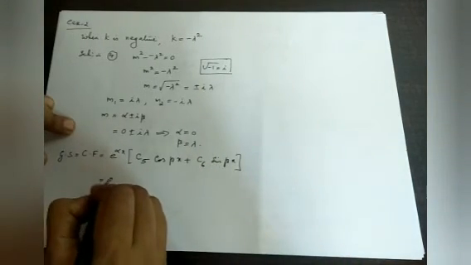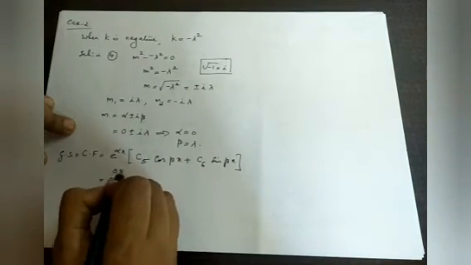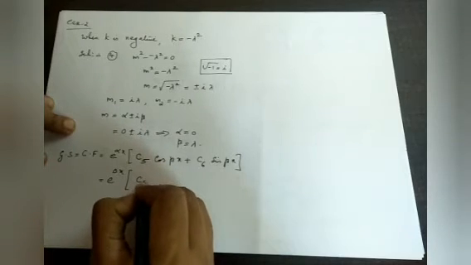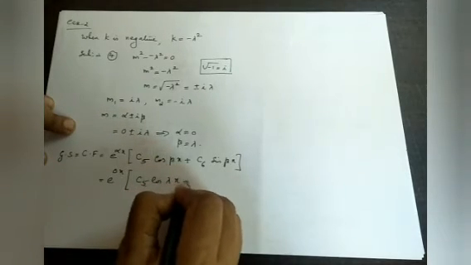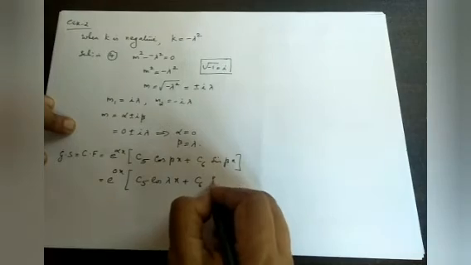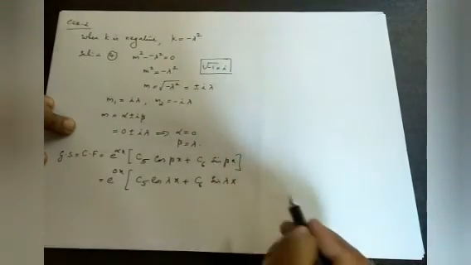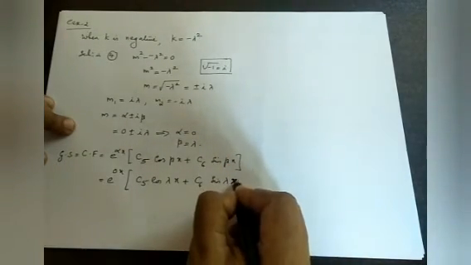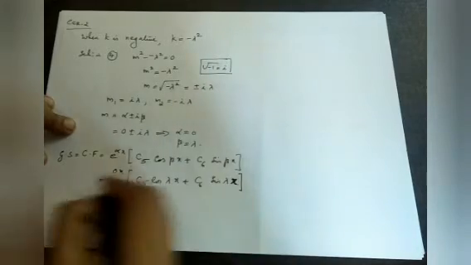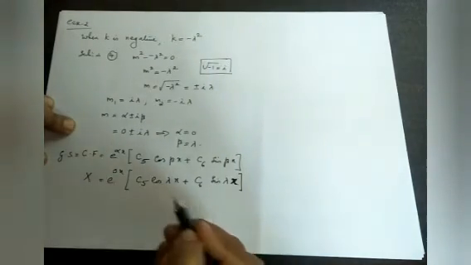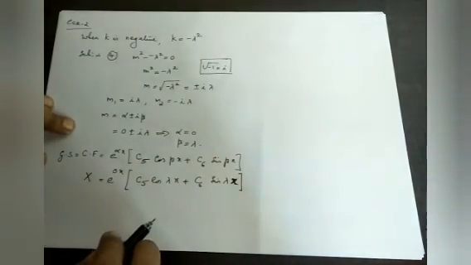Here in the place of alpha we can put 0, therefore e raised to 0x times C5 cos lambda x plus C6 sin lambda x. Lambda x, small letters. Therefore, the solution for x is e raised to 0x times C5 cos lambda x plus C6 sin lambda x.